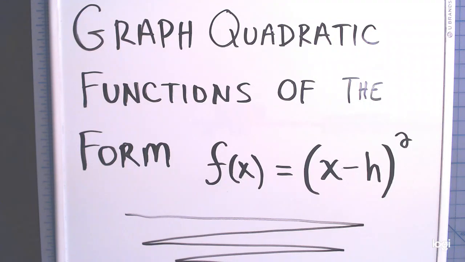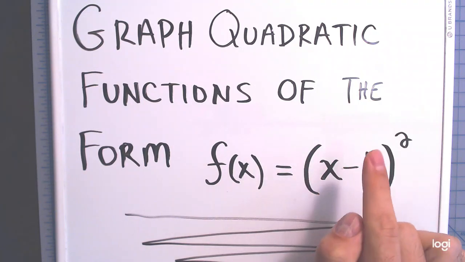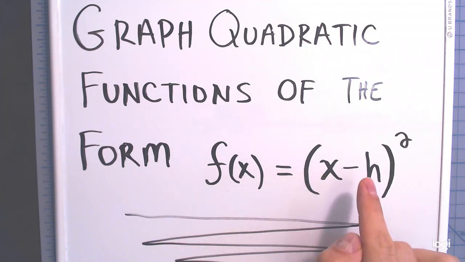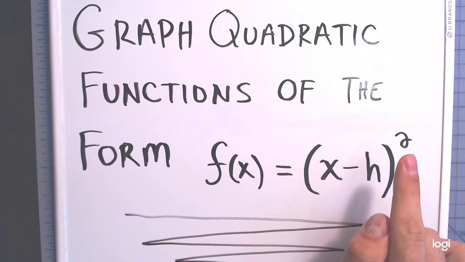Hello and welcome to this video on graphing quadratic functions of the form f of x, or y, equals the quantity x minus h, all of that squared, to the exponent of 2.